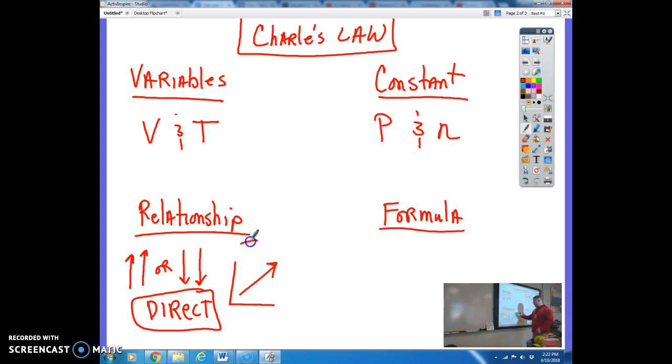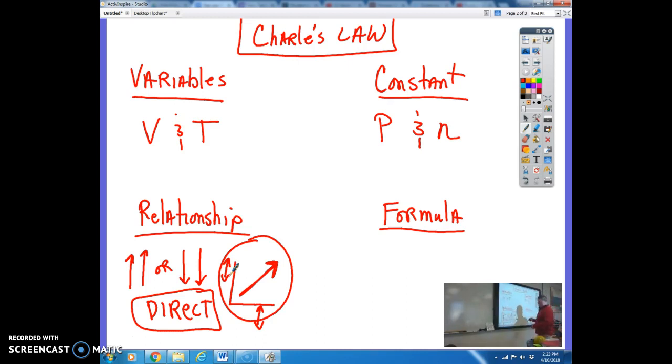Direct relationships, if you were going to chart them on a graph, will always be an inclined, increasing chart. Because as one goes up, the other one's also going to go up, or as it goes down, it will also go down. Now, as you saw in Boyle's law, an indirect relationship was multiplication, P times V. Now we have a direct relationship. So a direct relationship isn't going to be multiplication, it will be division.